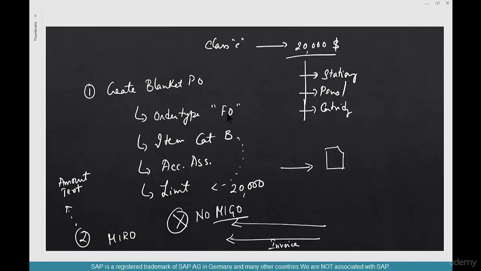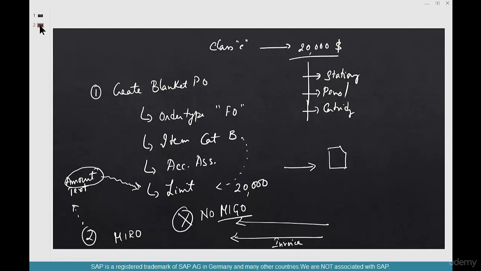And the amount that has been invoiced will automatically be adjusted or marked in the limit of the purchase order. So the purchase order history will be updated saying, hey, you have consumed $1,000 out of your 20,000. This is the process of a blanket purchase order.